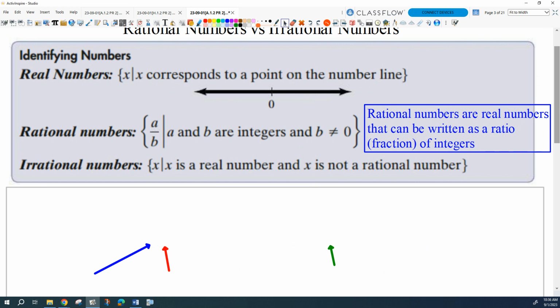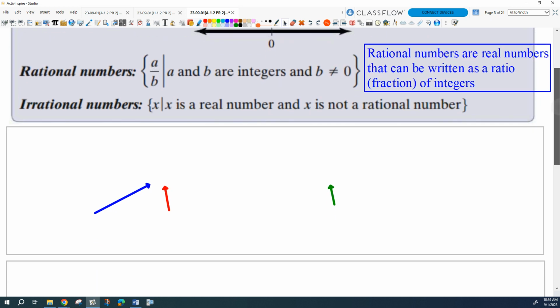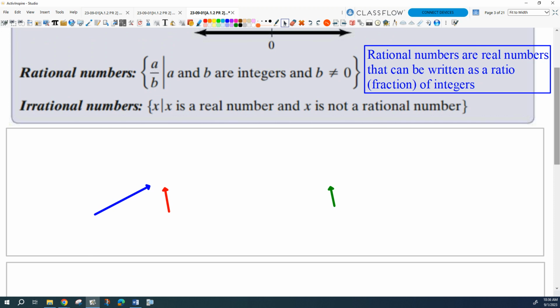Okay, so we know what real numbers are. Now let's distinguish between these smaller pieces, the subsets of real numbers. How would I say this one? It might be a little awkward, but just give it a try. The set of, okay, good. The set of A over B, or all A over B. Set of A over B is fine.